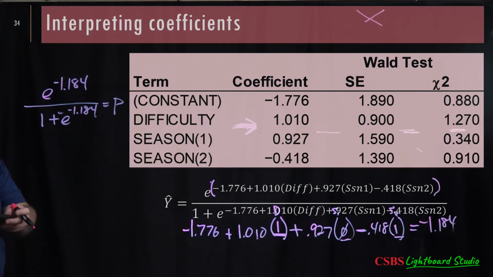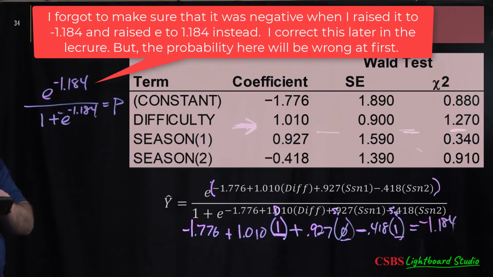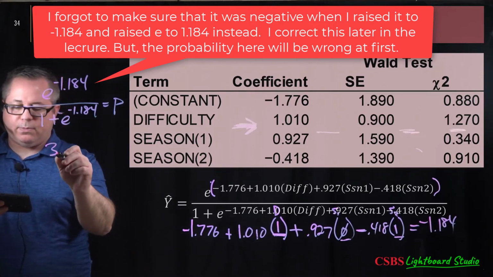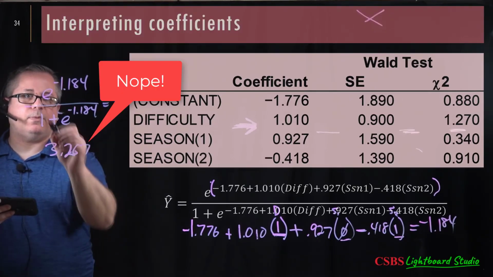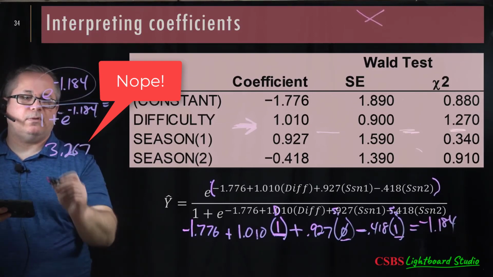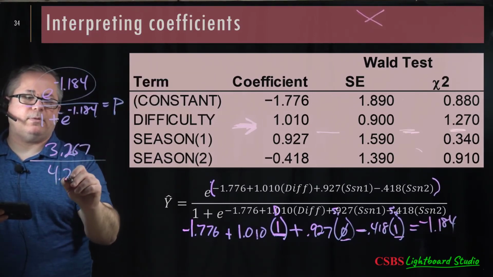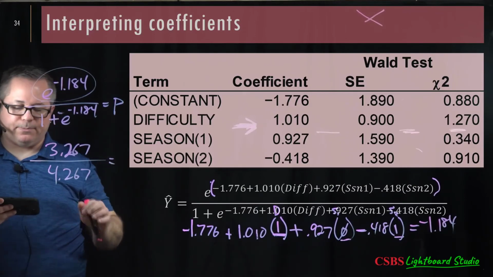So e raised to that ends up being 3.267, right? So if I divide that by 4.267, that should give me my probability.